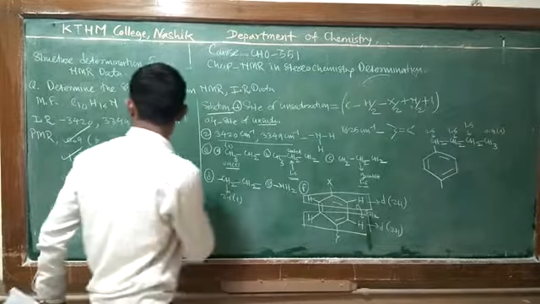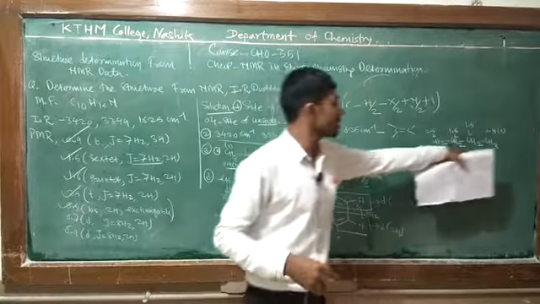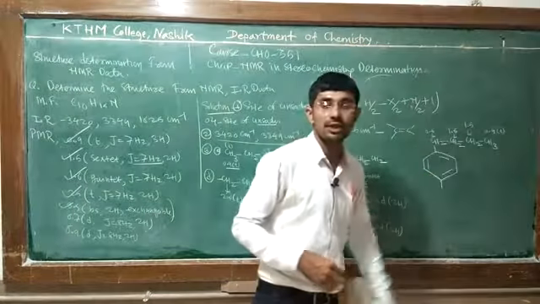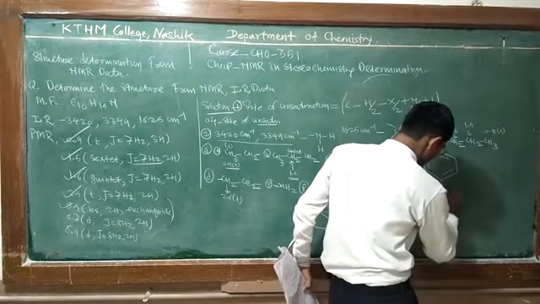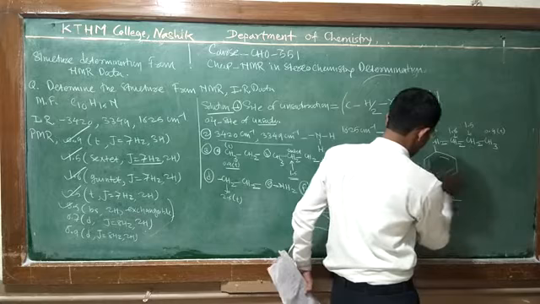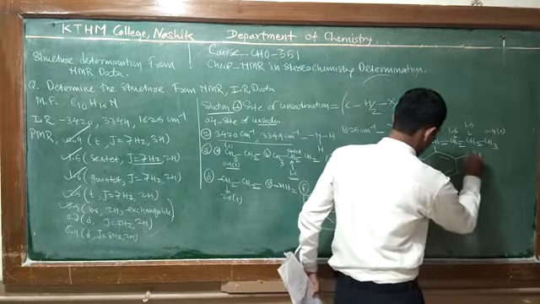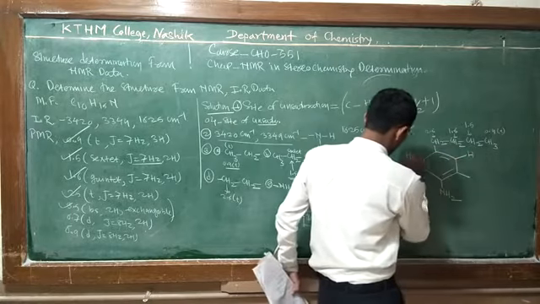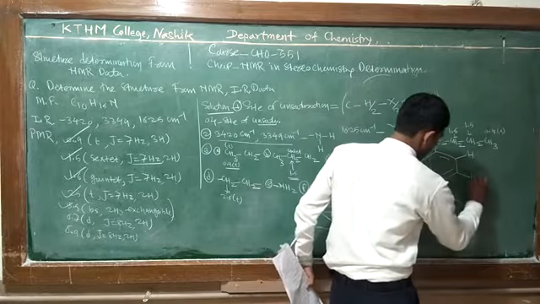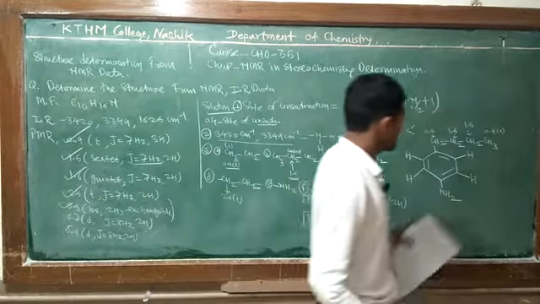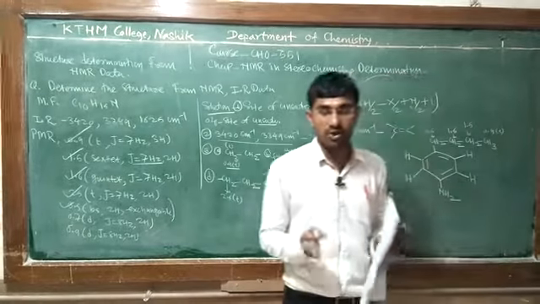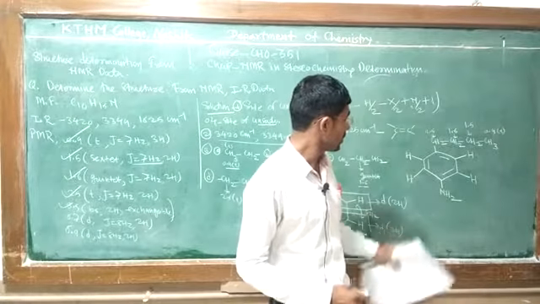So the number of carbons is 10: 6 plus 4 is 10. At one position this group is attached, that is NH2, whose protons are exchangeable. So this is a possible structure for the given compound.